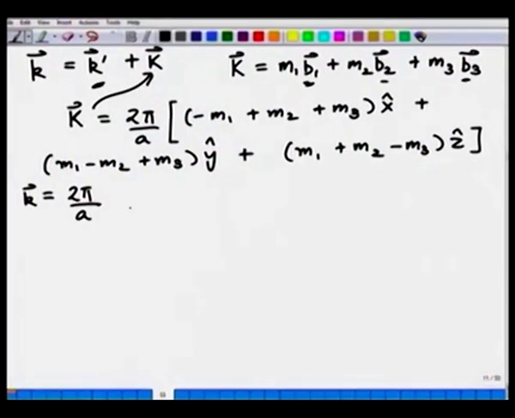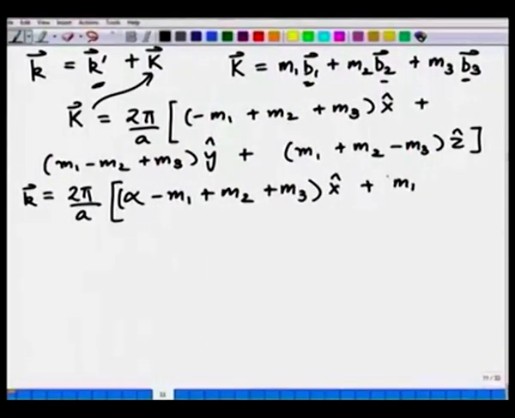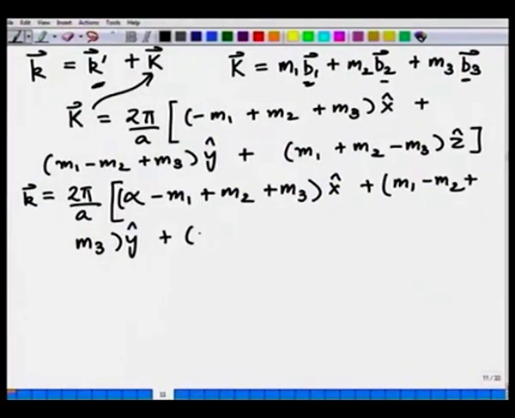In that case, k is equal to 2 pi by a, alpha minus m1 plus m2 plus m3 x hat, plus m1 minus m2 plus m3 y hat, plus m1 plus m2 plus m3 z hat.